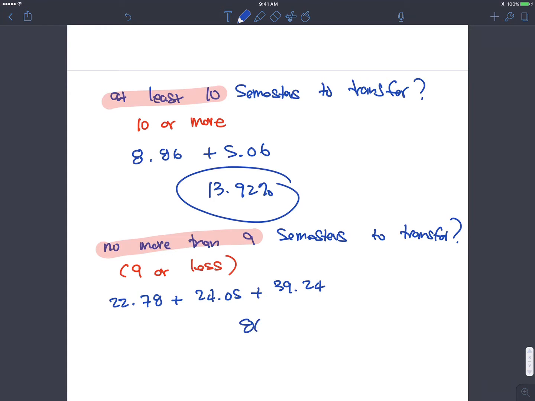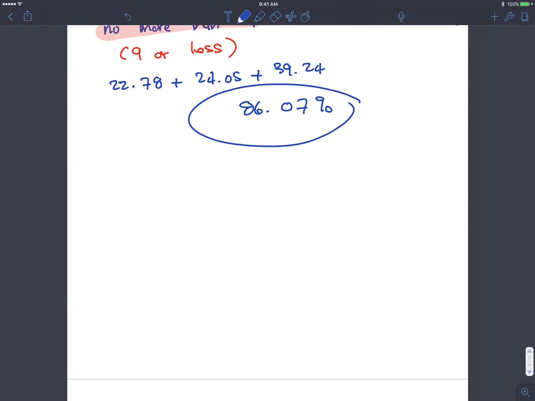We get 86.07%. So 86.07% of this sample took no more than 9 semesters to transfer. No more than 9. Next question. What percent of the sample took more than 9 semesters to transfer?